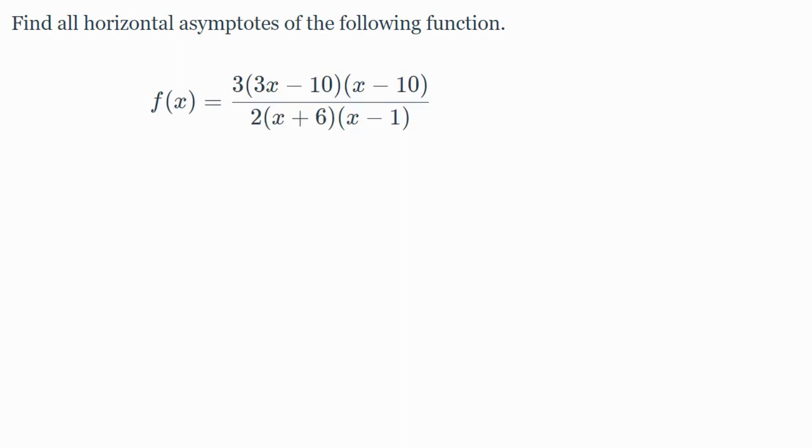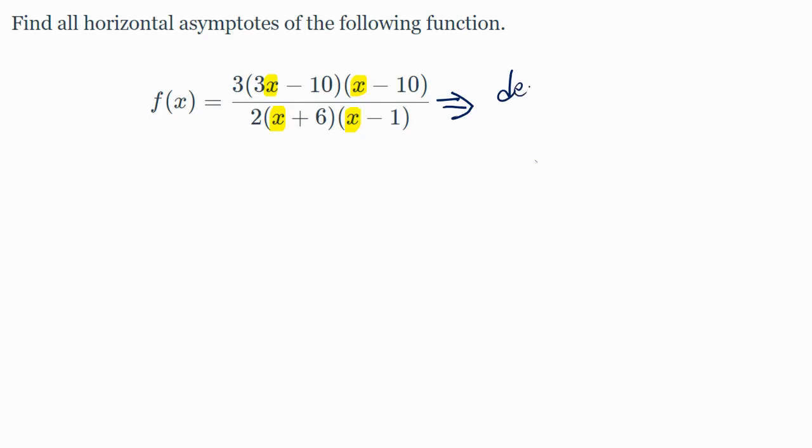Now we get a little more complicated here where the degree of the top and the bottom are going to be the same because I have 2 x's on the top. So the degree of the top is 2, and the degree of the bottom is also 2. This problem is a little bit troublesome. It's not terrible, but it's still troublesome.